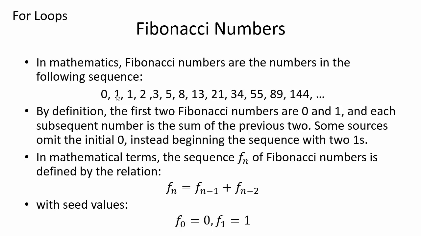So 0 plus 1 is 1, 1 plus 1 is 2, and 1 plus 2 is 3, etc. Then we will implement these Fibonacci numbers using a for loop in MATLAB.